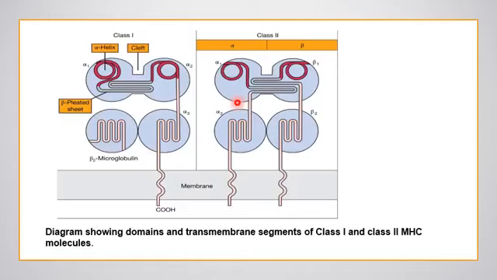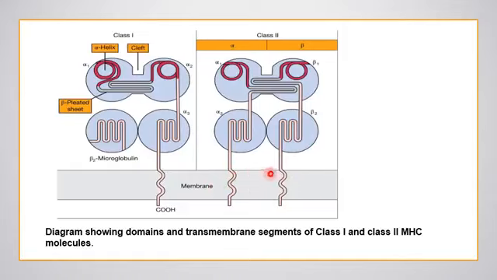Okay, so the MSC class 2 consists of two molecules, okay, the alpha and beta chains. Both are inserted in the plasma membrane.